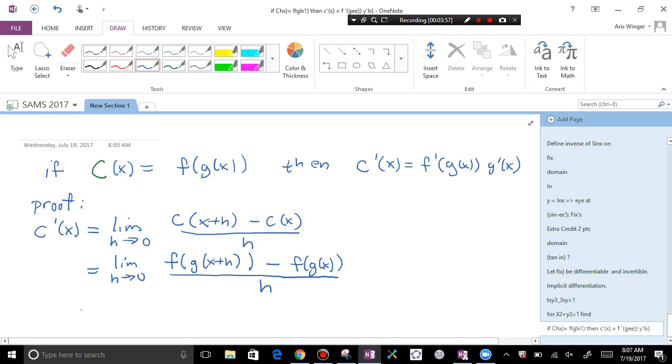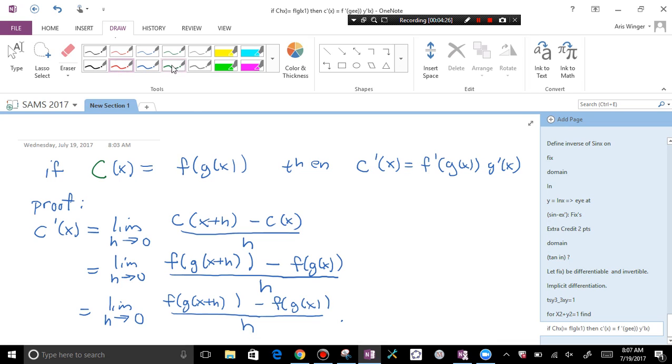This is equal to the limit as h tends to 0 of f of g of x plus h minus f of g of x all over h, and then now I'm going to introduce something else, and it's going to be g of x plus h minus g of x all over g of x plus h minus g of x.